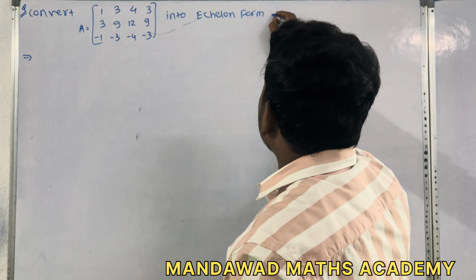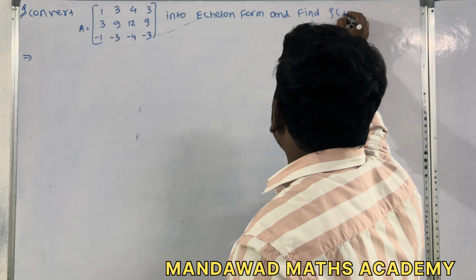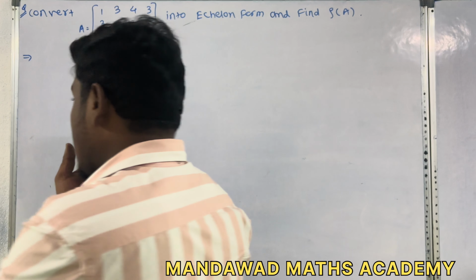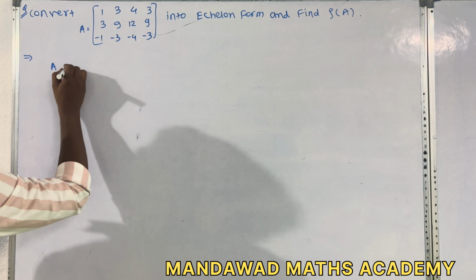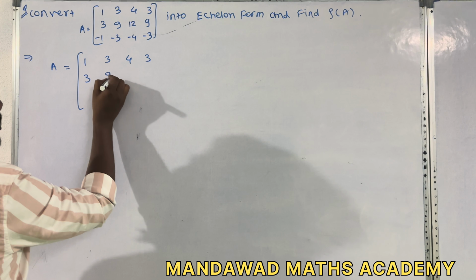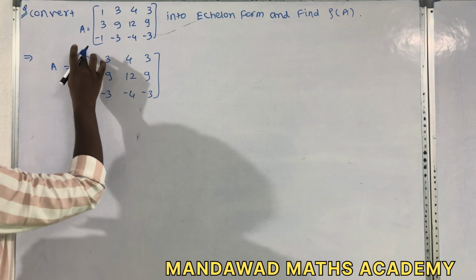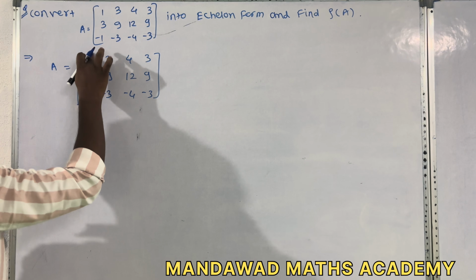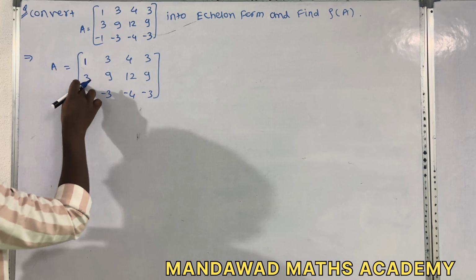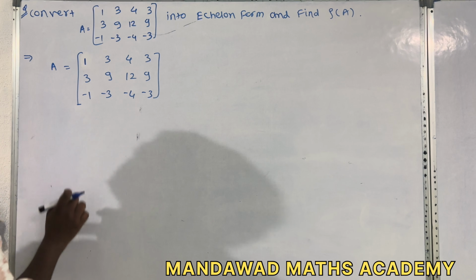Convert into the echelon form and find the rank of A. So let us consider A, 1 3 4 3, 3 9 12 9, minus 1 minus. Always make the first element 1, because by using this one you can easily convert the remaining elements to 0.